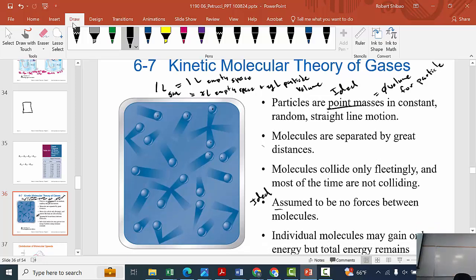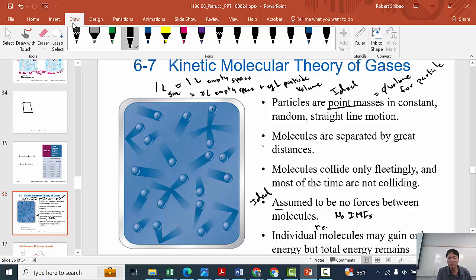In an ideal gas, we assume that there are no forces of repulsion or attraction. Usually there's forces of attraction. And so we assume that there are no IMFs, no intermolecular forces.